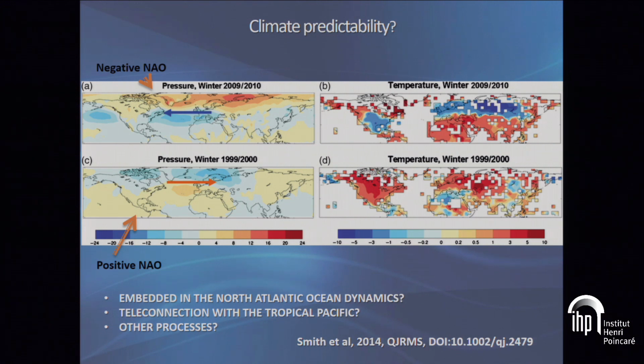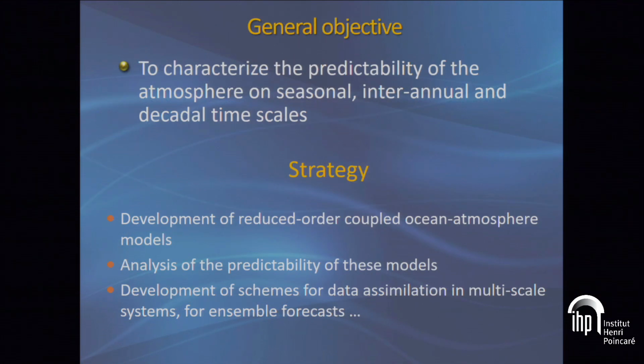And in fact, this is the way we went when we started this work. We want to understand the coupling between the ocean and the atmosphere and see if the low frequency variability which is present in the atmosphere is associated to this coupling.